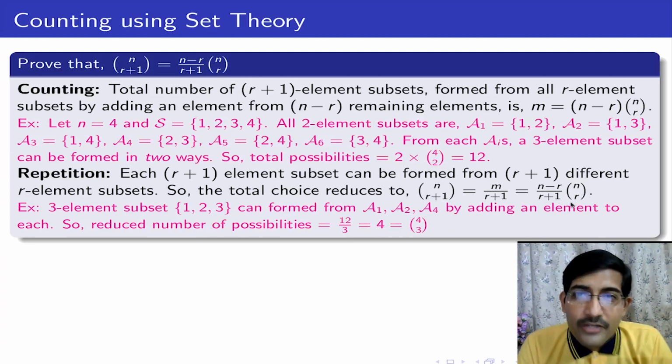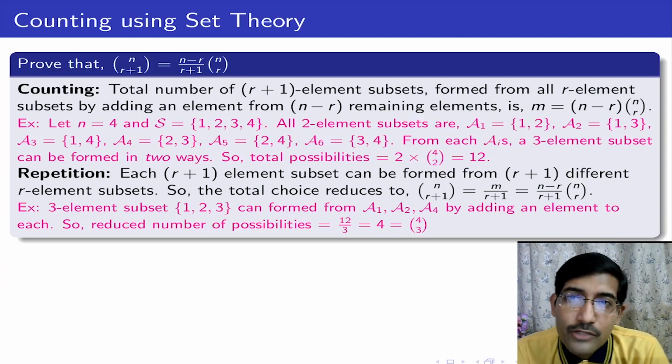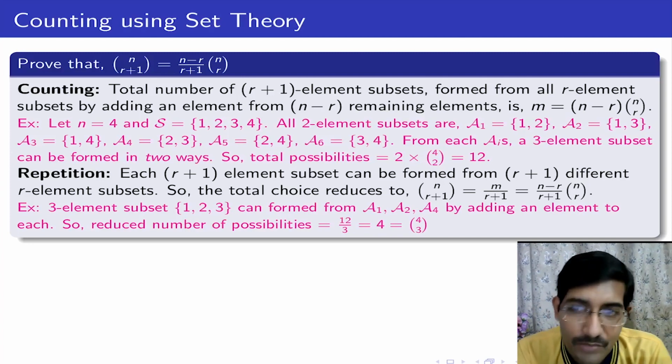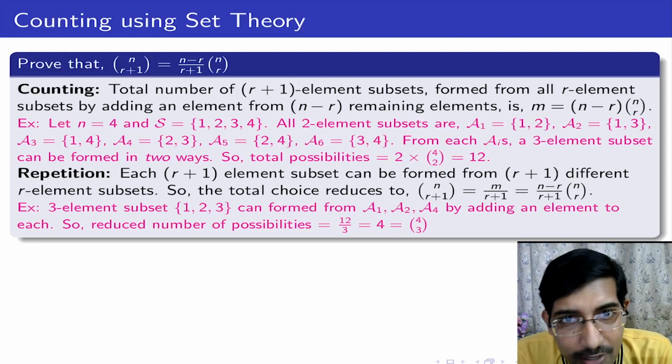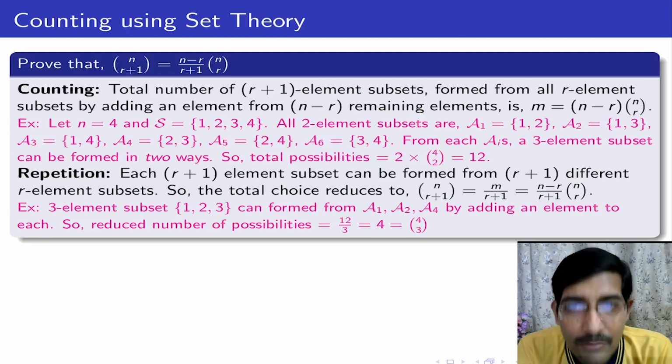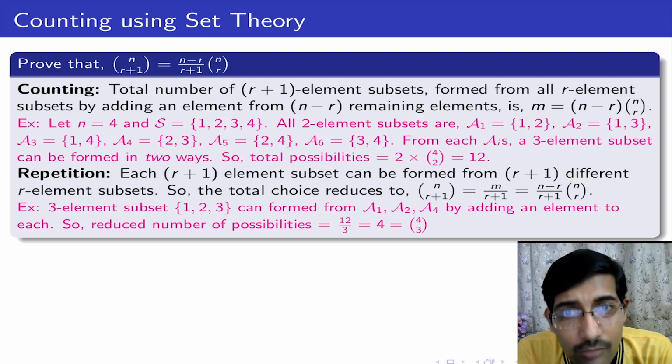So see how we took this problem, not by solving it algebraically, but by mapping it into building subsets. N choose R are the number of R element subsets. We will try to construct R plus 1 element subsets from it. So every R element subset can take the remaining n minus R elements one by one to form different R plus 1 element subsets.